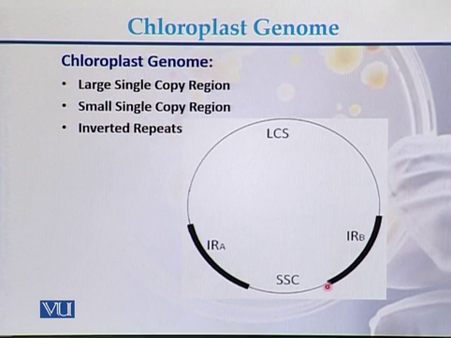In addition to the large single copy region and small single copy region, there are inverted repeats in the form of inverted repeat A and inverted repeat B. So there are three major parts of the chloroplast genome: large single copy region, small single copy region, and inverted repeats.